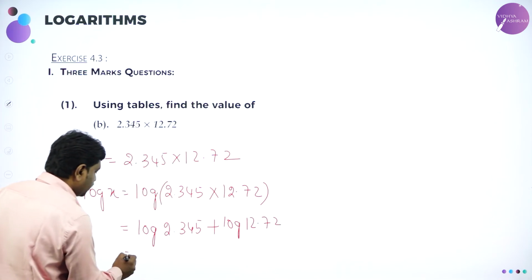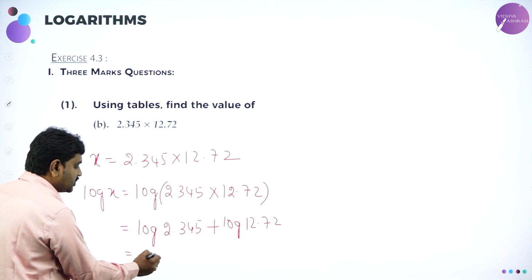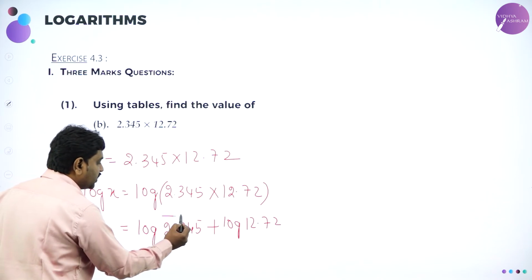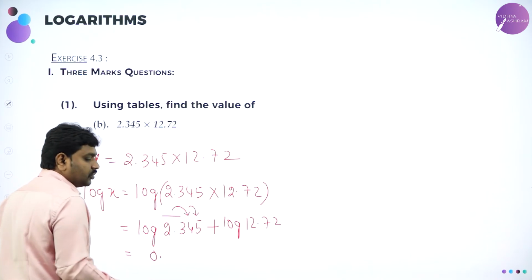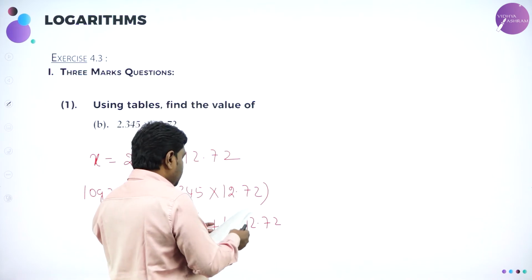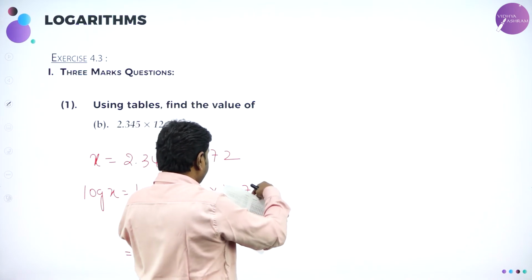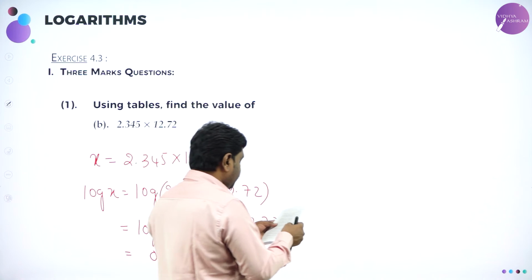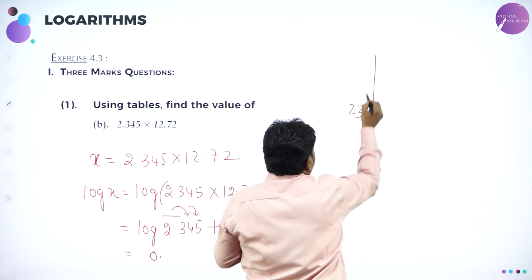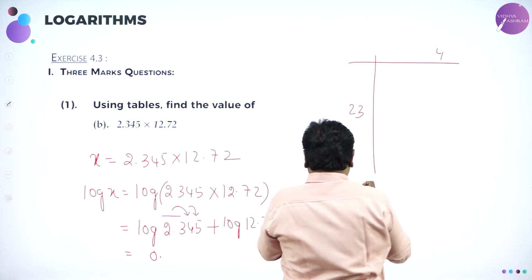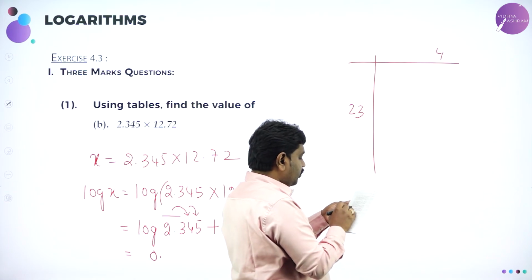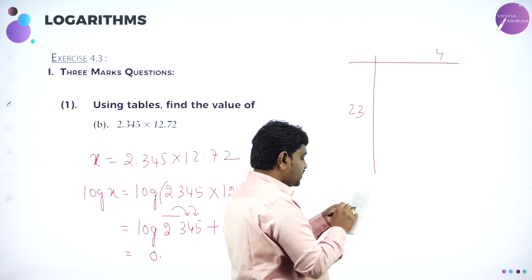Now the characteristic: before the decimal we have 1 digit. 1 minus 1 is 0 point. Now you should see 23 under 4 under 5. So use the log sheet. Go to the heading logarithm, 23 under 4 under 5. 23 under 4 is 3692.